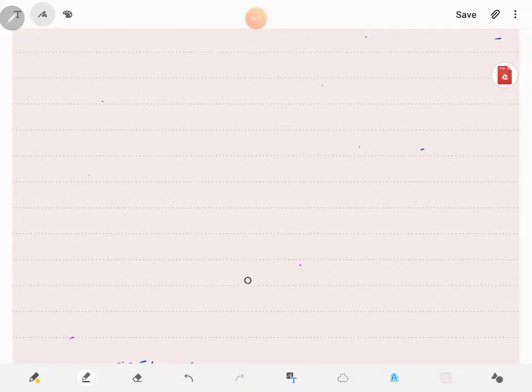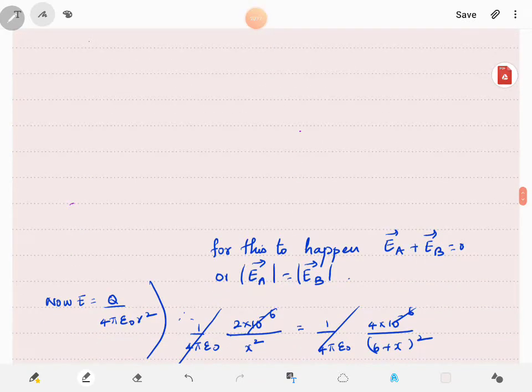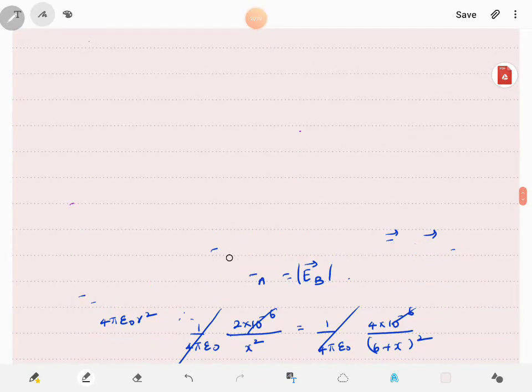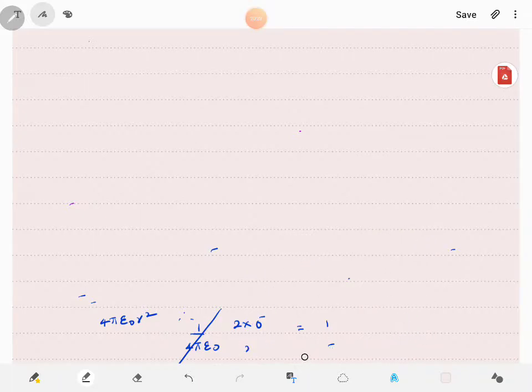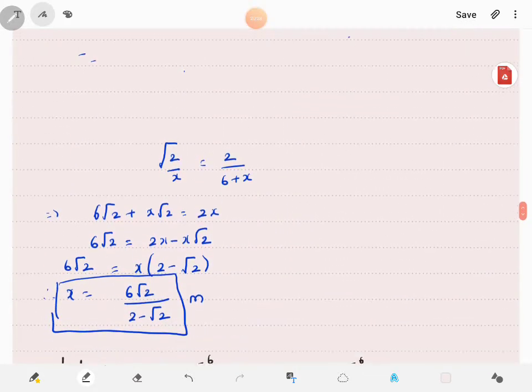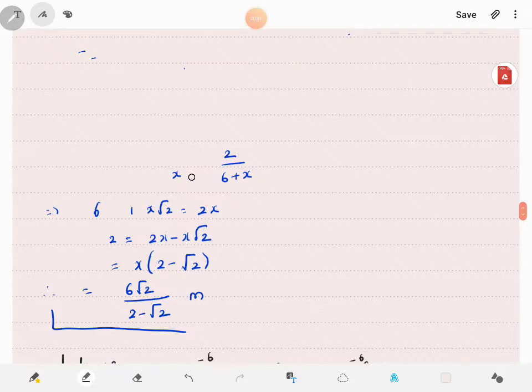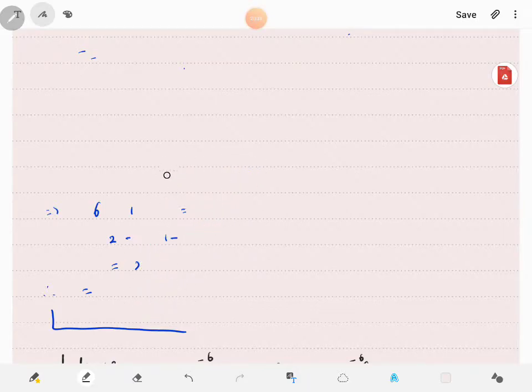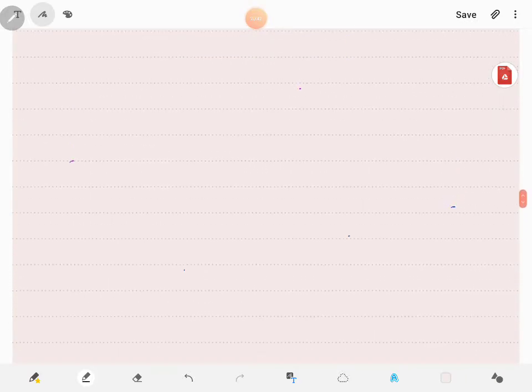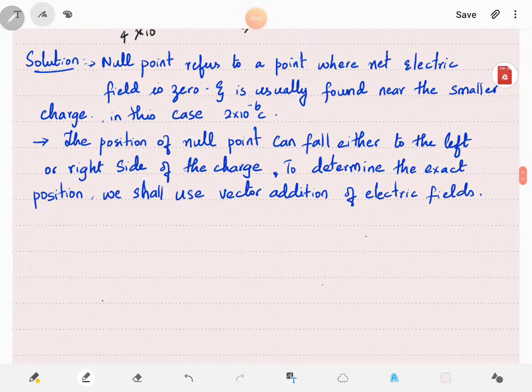Let me write it once so that you can identify the directions of the electric field. This is a very important type of problem, so let me rewrite it for you. 2 and 4 make the algebra a little difficult. 4 and 16 are much more convenient as an illustration.